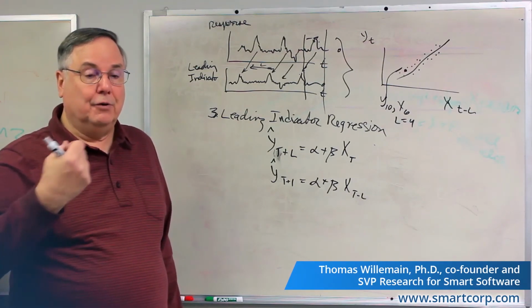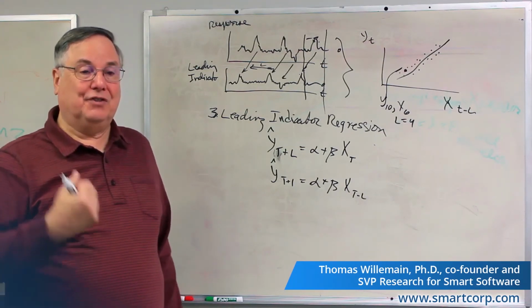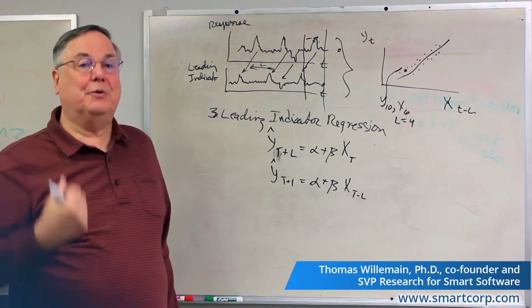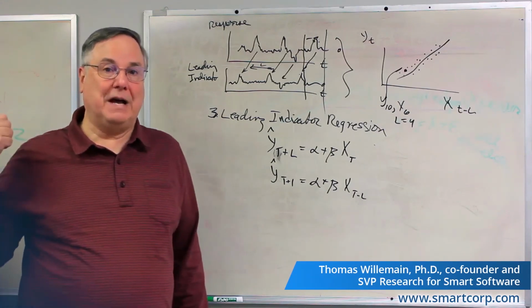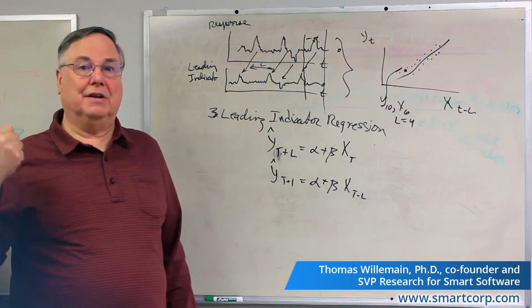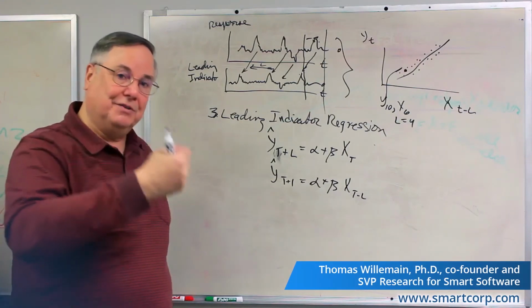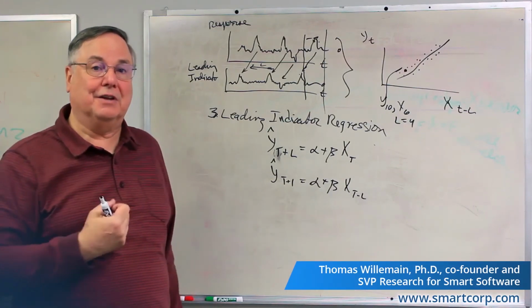Or you found a leading indicator which is a causal driver, but you don't have to forecast it because you can look back into the known record to get the values for x to plug into the regression equation. That's leading indicator forecasting.